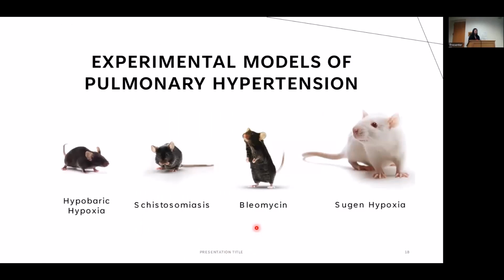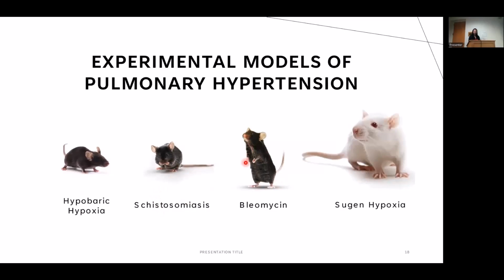So, back to the right heart and how I'm studying right ventricle macrophages. These are the experimental models that I've used throughout my research. The first three are mouse models of pulmonary hypertension: hypobaric hypoxia, and schistosomiasis, which is actually the most common cause of group 1 PAH outside of the developed world.